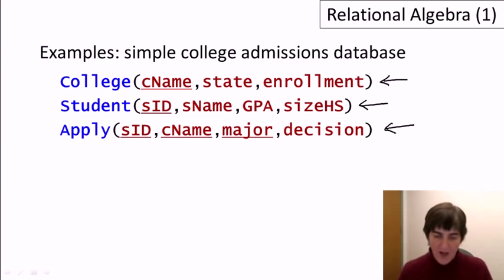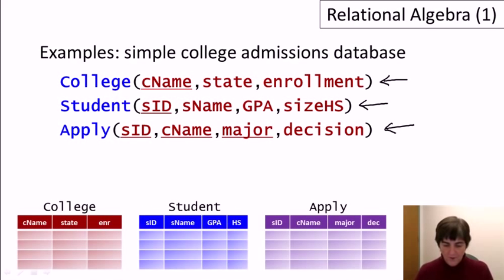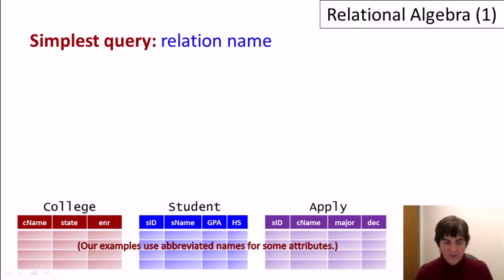As a reminder, a key is an attribute or a set of attributes whose value is guaranteed to be unique. So for our examples, we're going to assume that college names are unique, student IDs are unique, and that students will only apply to each college for a particular major one time. So we're going to have a picture of these three relations at the bottom of the slides throughout the video. The simplest query in relational algebra is a query that is simply the name of a relation.